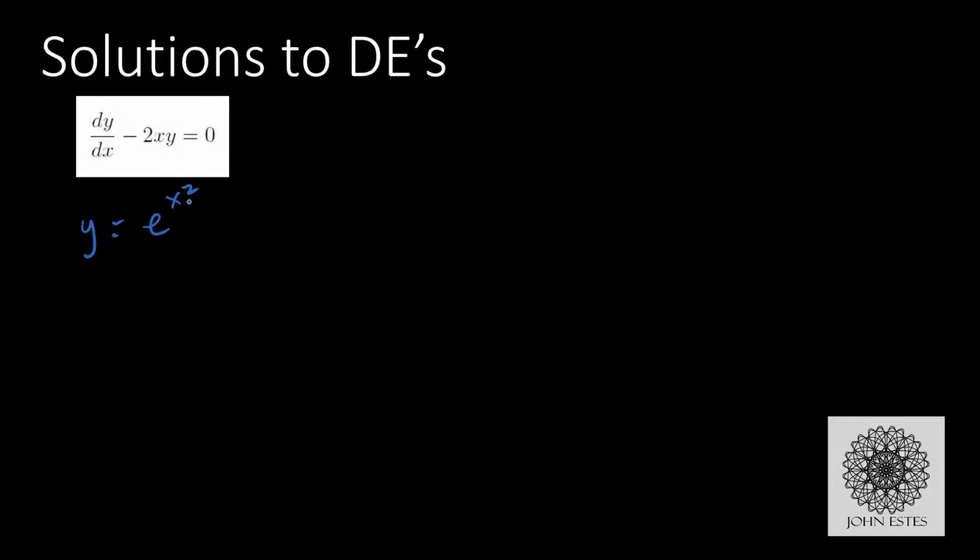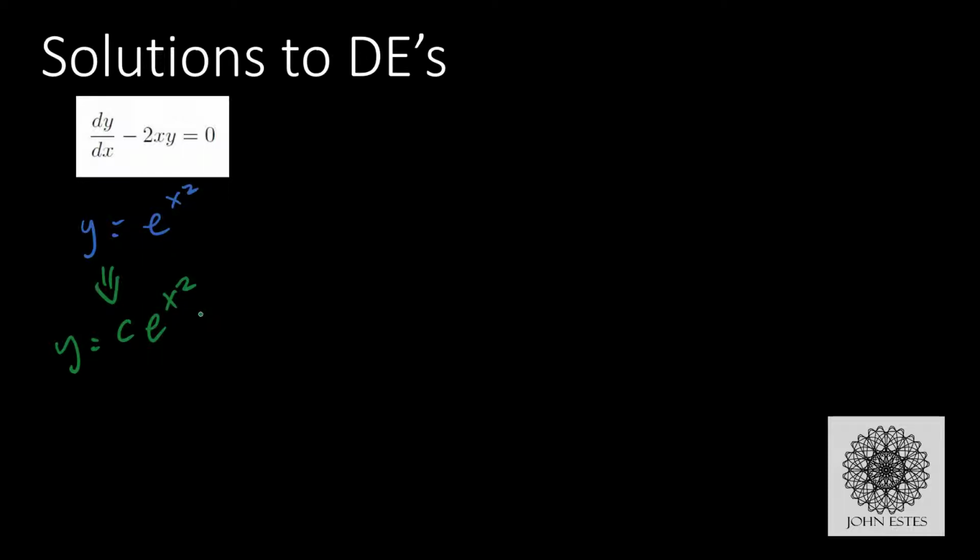That is true. We illustrated that, but we could also say that if I multiply this guy by any constant, I will also get a solution. So y equals 2 e to the x squared and y equals pi e to the x squared and so on will all give me solutions to this differential equation.